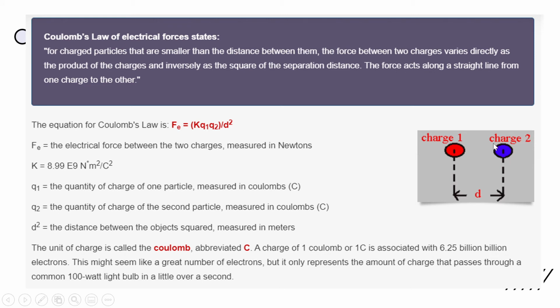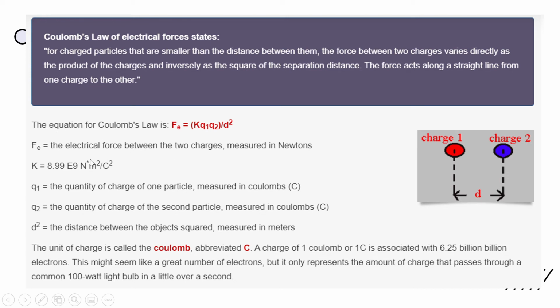Right here we're going to measure the attraction or the interaction that is going to be generated. The same thing happens right over here. So the higher the charge that the particles have, the higher the attraction they will produce. And the farther they are away from each other, the less they are going to attract themselves.